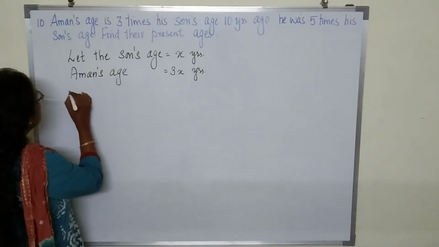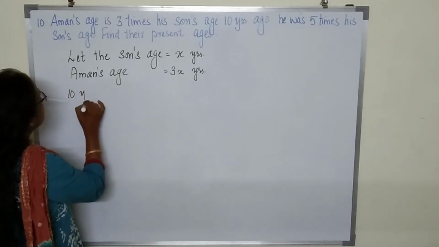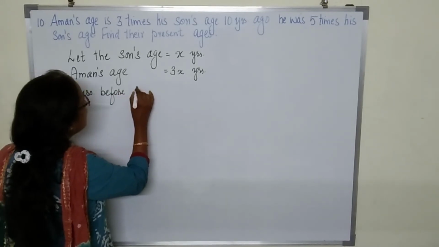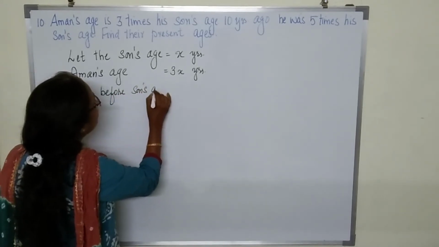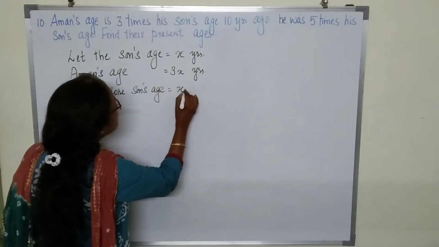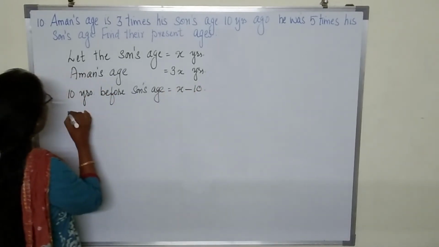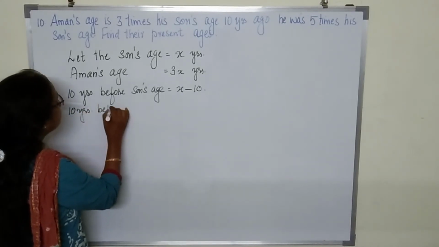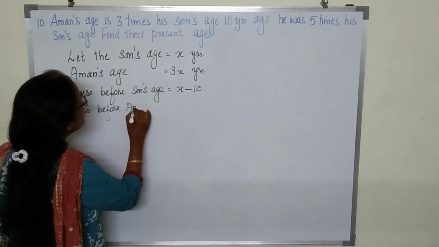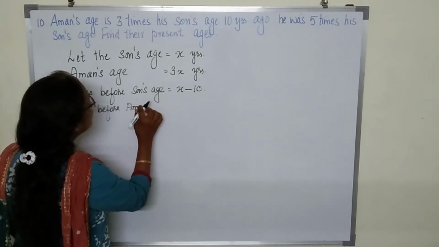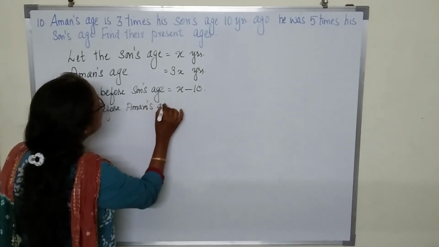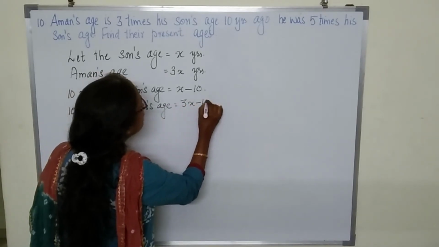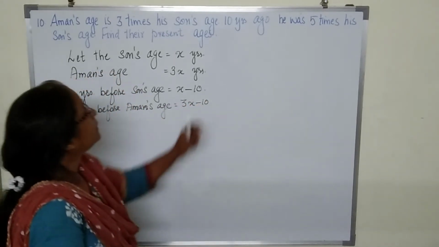So 10 years before, the son's age is x minus 10, and Aman's age would be 3x minus 10.